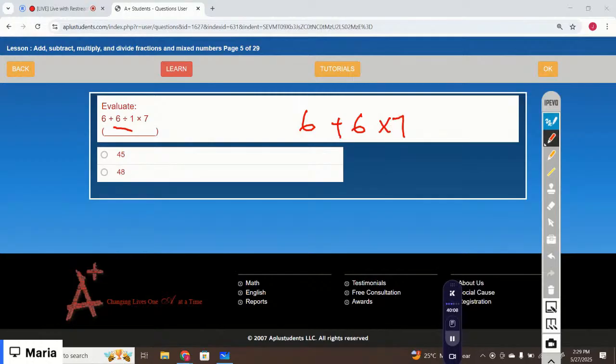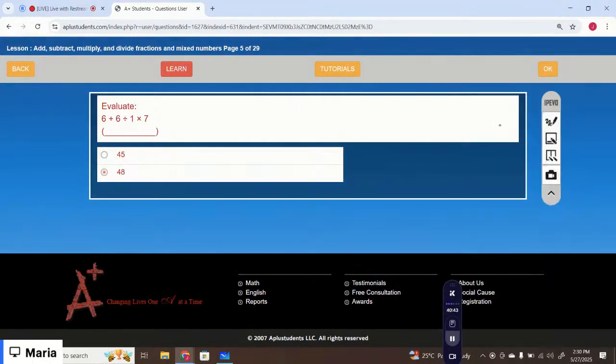So now you need to multiply first. 6 times 7 is 42. So 42 plus 6 means that is 48. Option number 2 is the correct option.